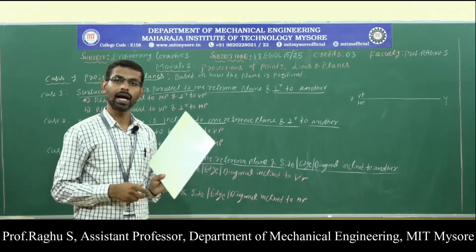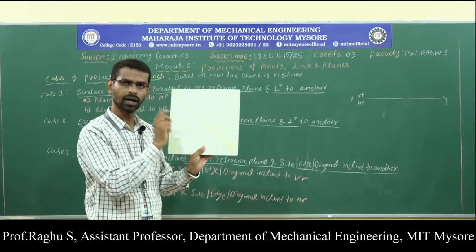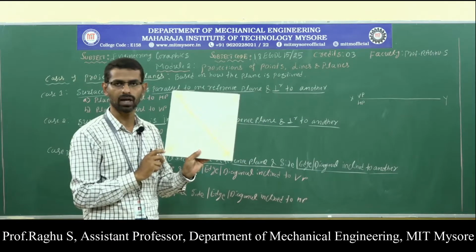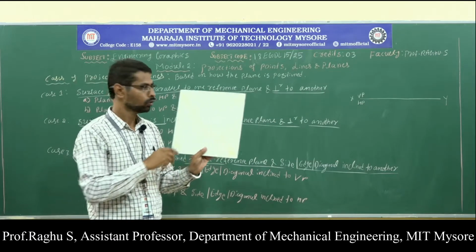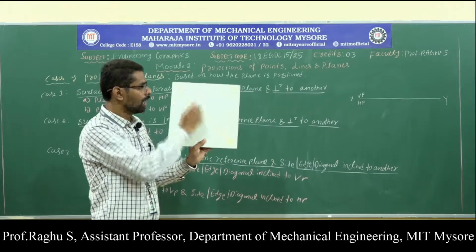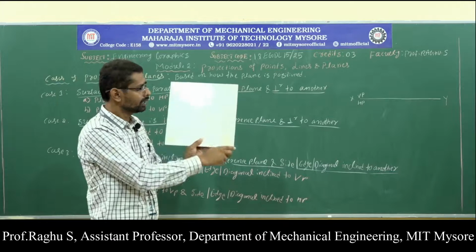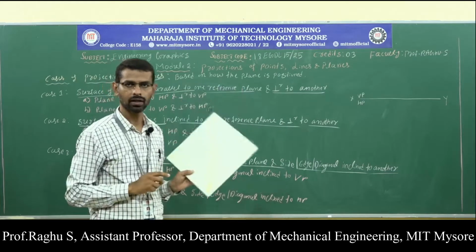Next one, diagonal. The term diagonal is used for square lamina, rectangular lamina and hexagonal lamina. Here, this is called a diagonal. The line between 2 opposite corners is called a diagonal.